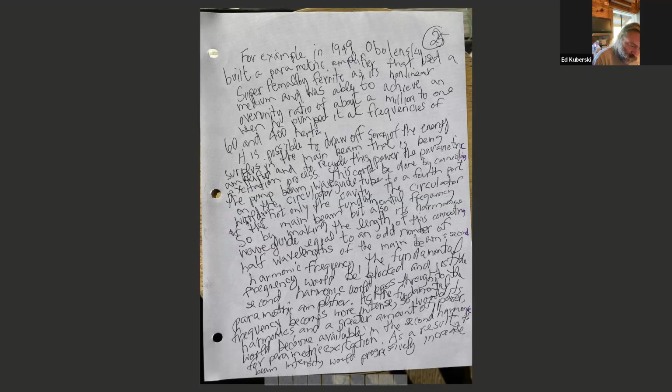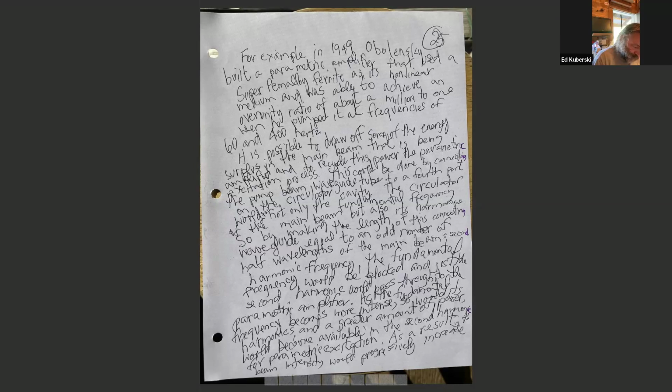The circular cavity would contain not only the fundamental frequency of the main beam, but also its harmonics.